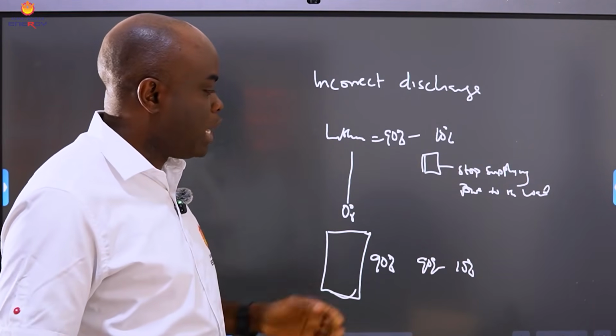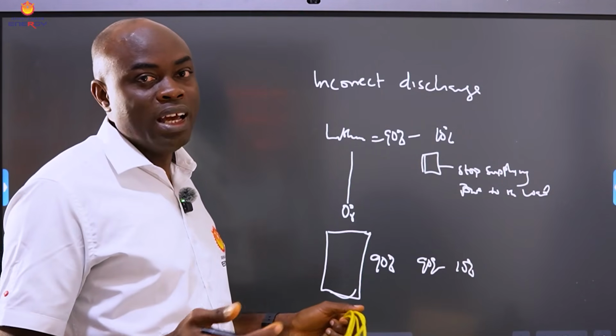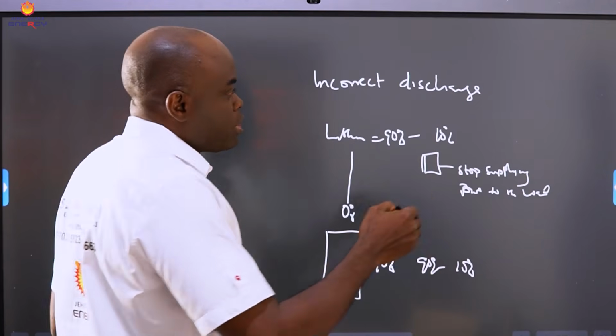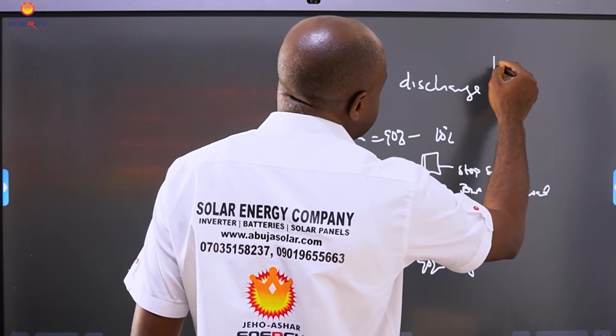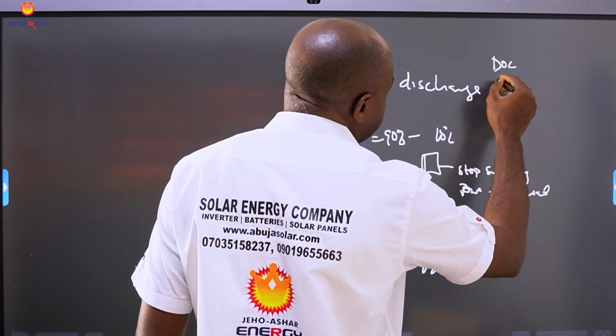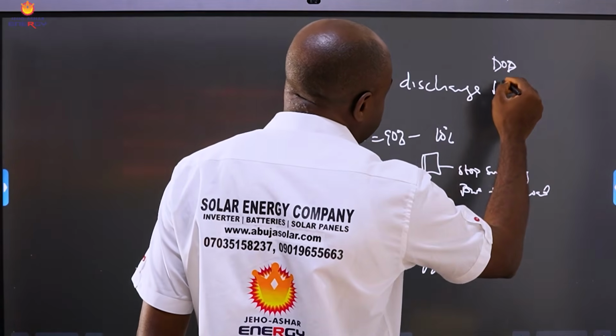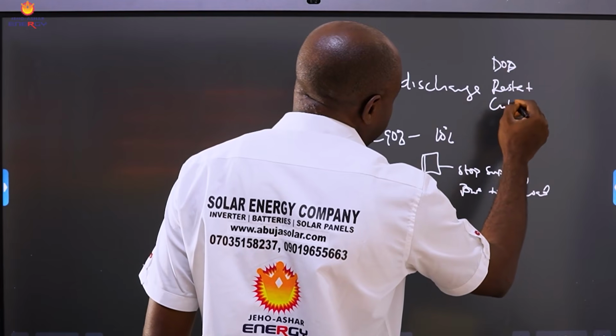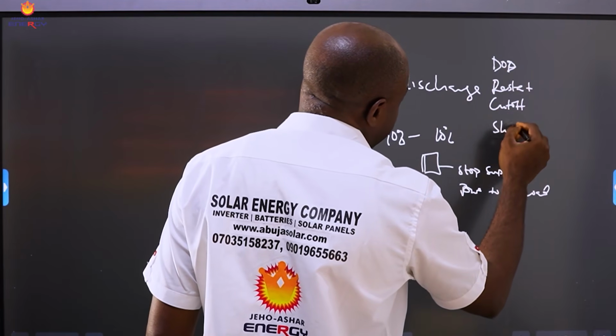Also, you should know that you could set your level or depth of discharge by yourself in your battery. Most inverters will have the DOD, the DOD restart, then the cut off, and the shutdown.